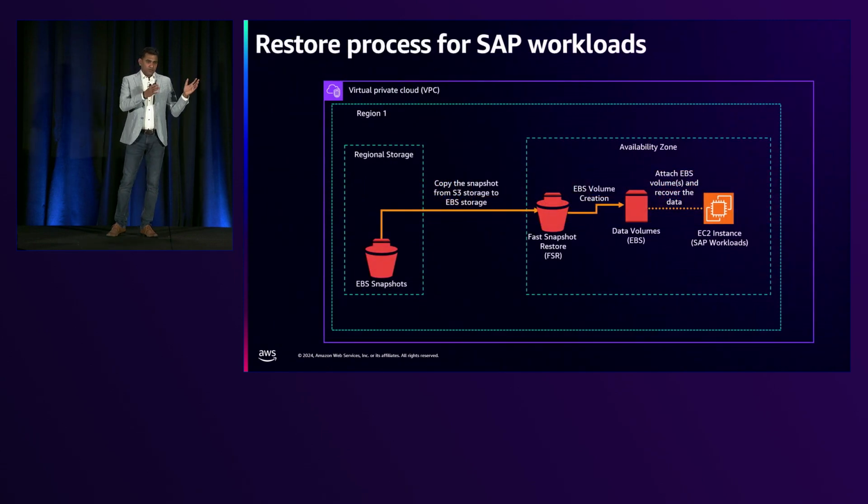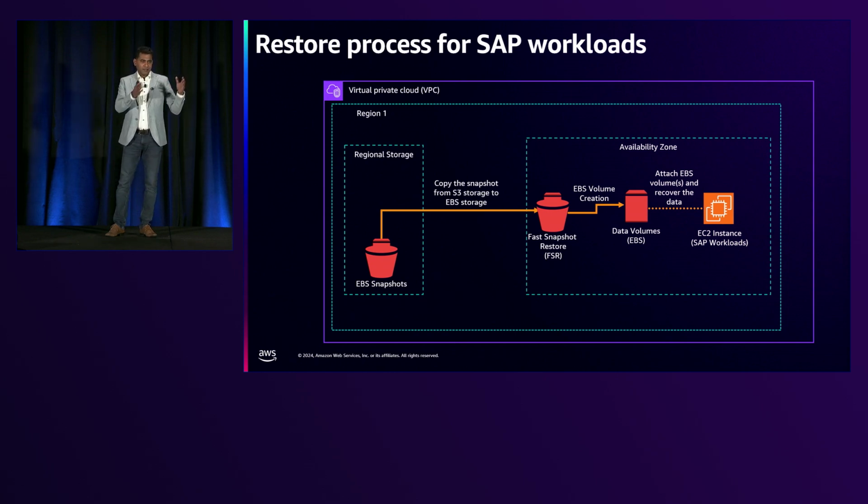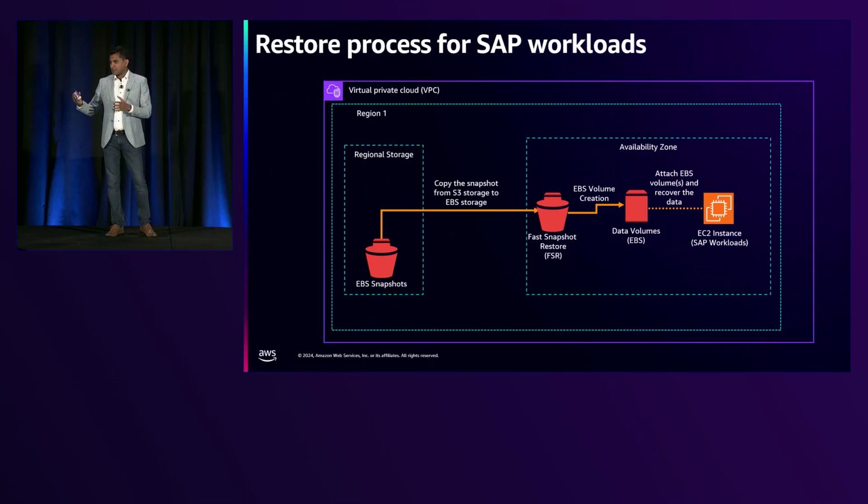In the restore process, the data flows the other way around. The snapshots are stored in regional storage, with S3 storage in the backend, and we create an EBS volume out of it, then detach the existing volume on whatever system we want to recover, attach the newly created volume, and bring the system back.